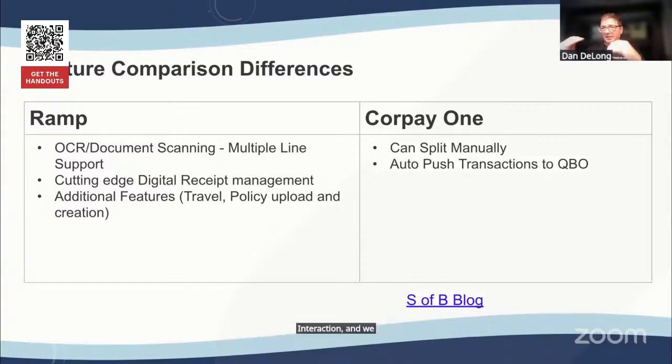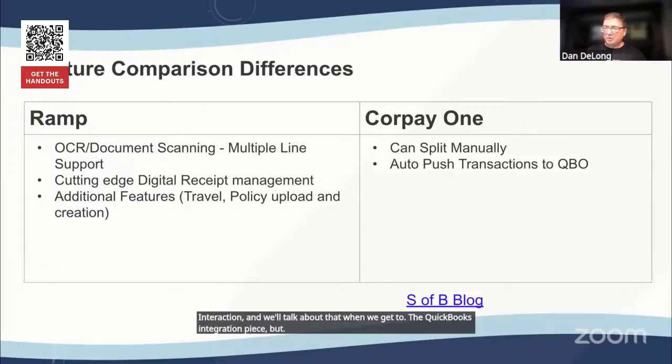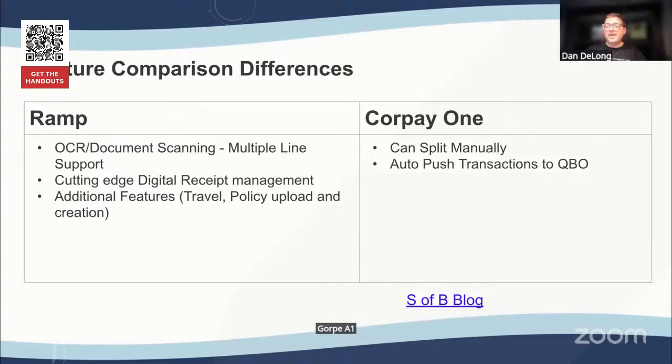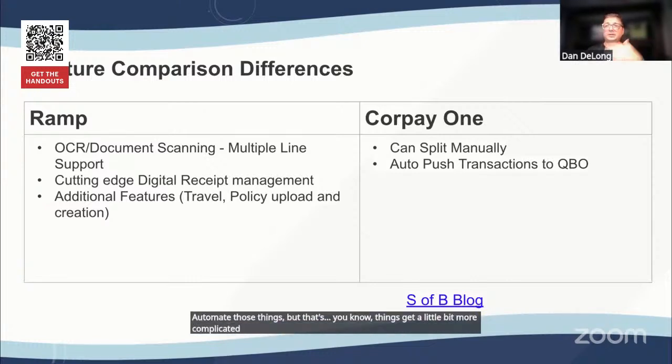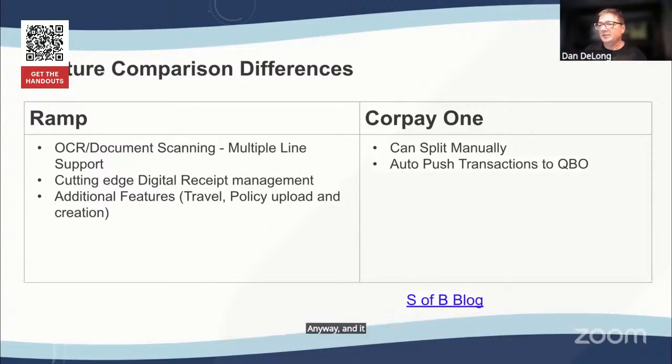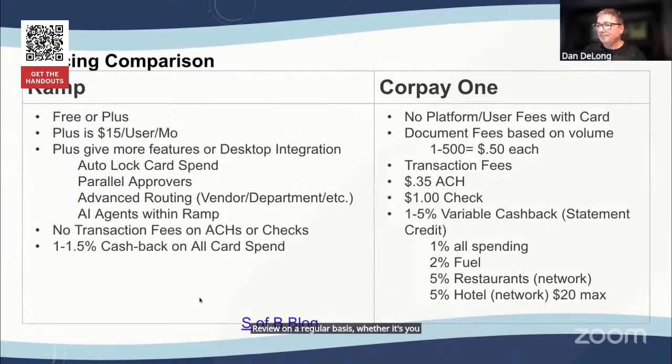We'll talk about that when we get to the QuickBooks integration piece, but Corpay One does allow that to occur. So you can automate those things, but things get a little bit more complicated. You're going to want to have those oversights anyway, and it is something that you're probably going to need to review on a regular basis, whether it's you or the client.